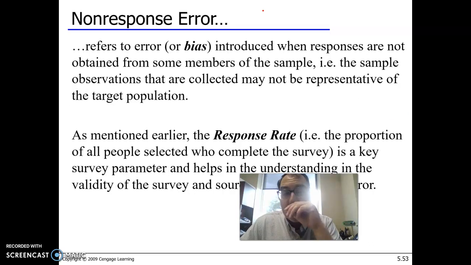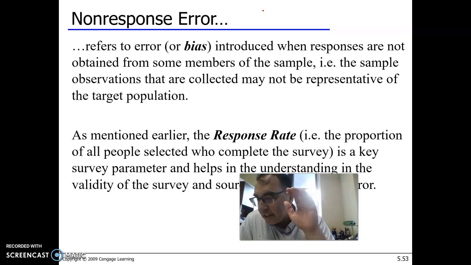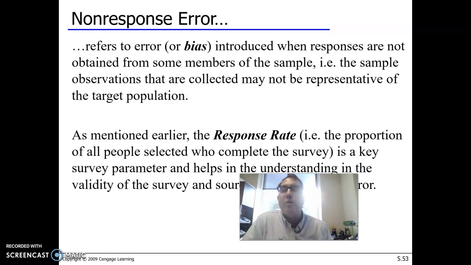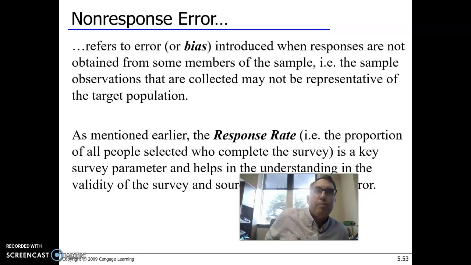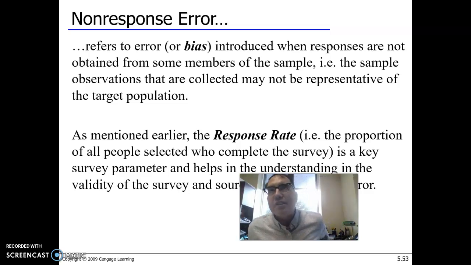The second type of non-sampling error is something called non-response error. Okay, non-response error is if the sample is not representative of the target population. When there are people that are part of the population that aren't part of our sample because they didn't have a chance of being selected.